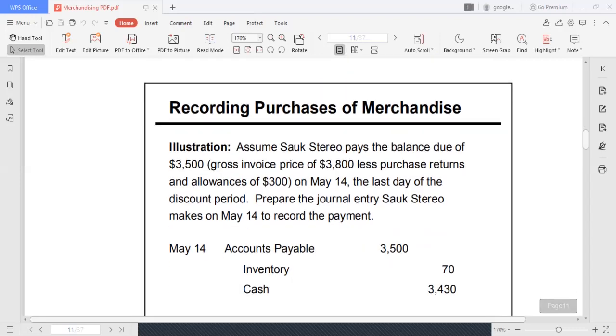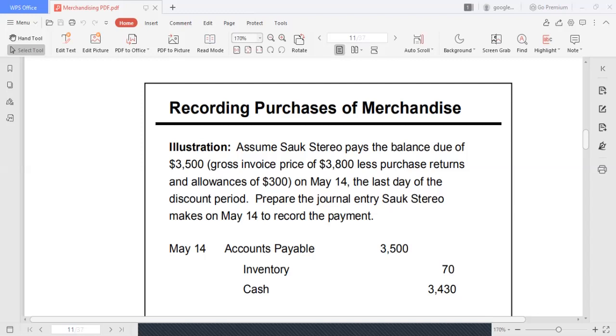Okay. So this is an example, nag-purchase ka na nag-avail ka ng purchase returns. So in this case, mayroon kang sinoli na product. So in this case, you have here 3,500. Why? Dahil yung binili mo kanina na 3,800, nagsoli ka ng 300.